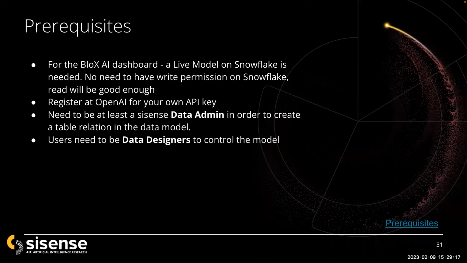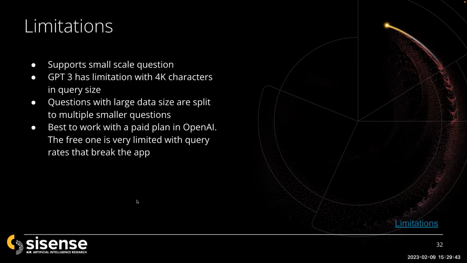And maybe later Ariel can also explain. We might have a solution for that, but once we do, we will inform you about it. You need your own key, and you need to be a data administrator to create the table relation if you're using that functionality, and of course to control the model.